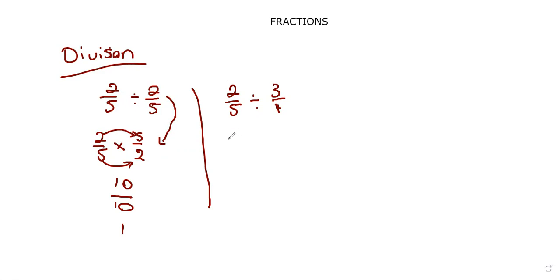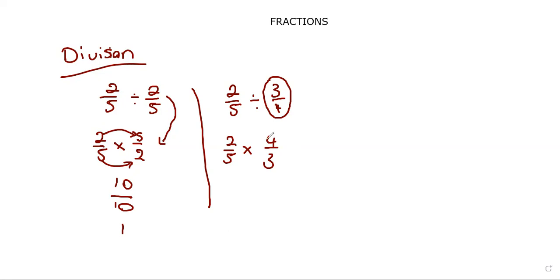You still will be the same. 2 over 5. Since it's division, you change it to multiplication. And when you change it to multiplication, the value of this fraction will swap. The numerator will be denominator. The denominator will be a numerator. It will swap. So now you'll have 4 over 3.